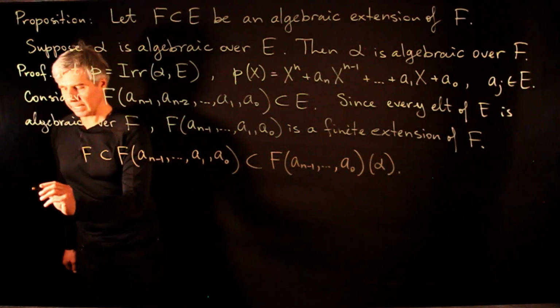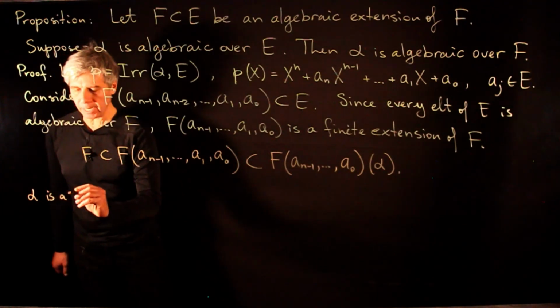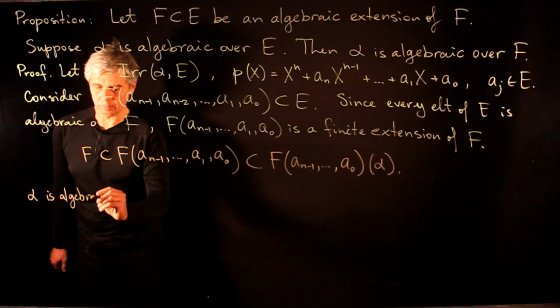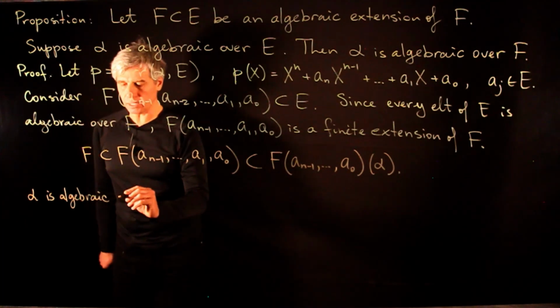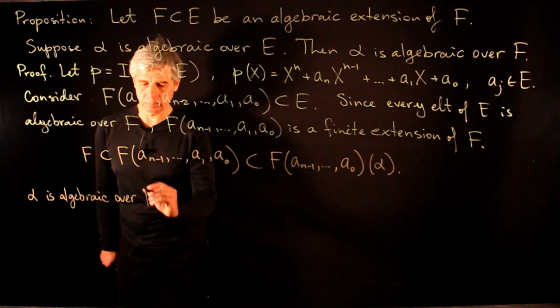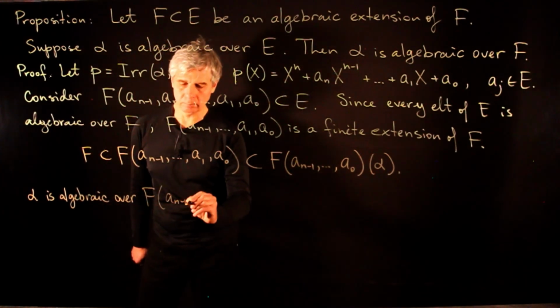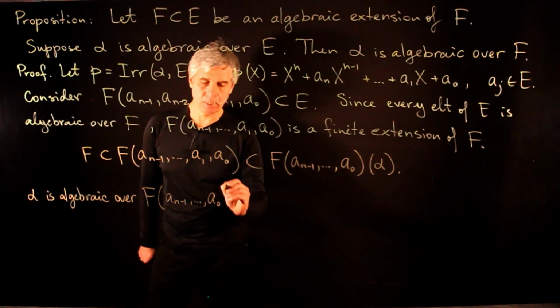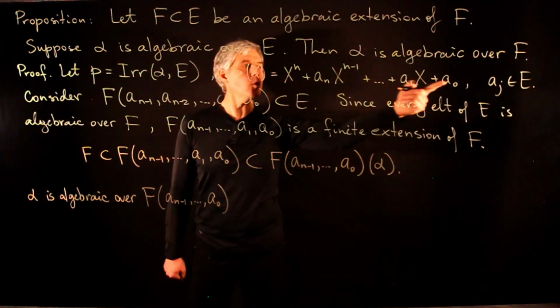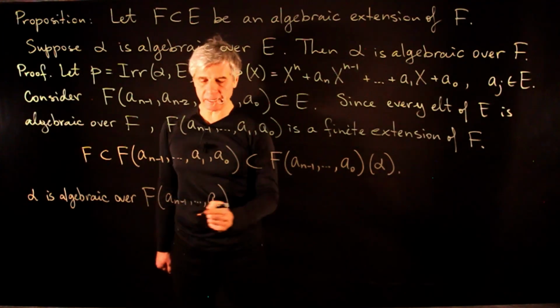The point is that alpha is algebraic over this intermediate field, since its minimal polynomial has coefficients precisely in this field.